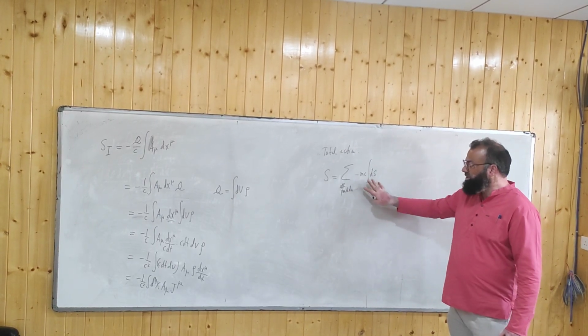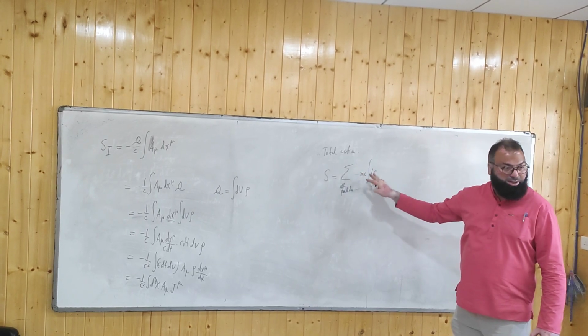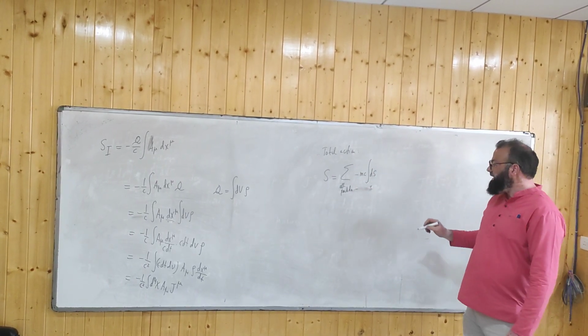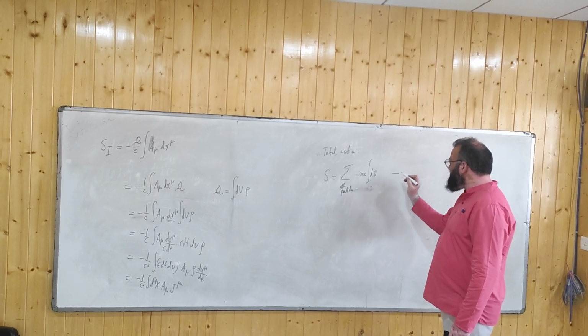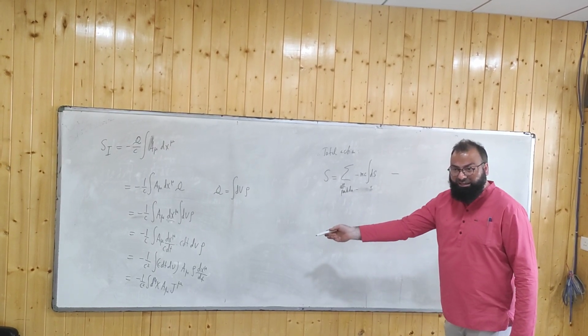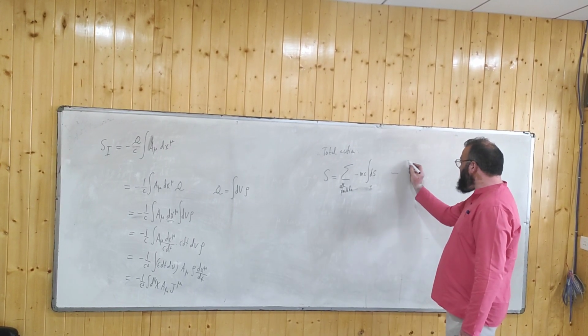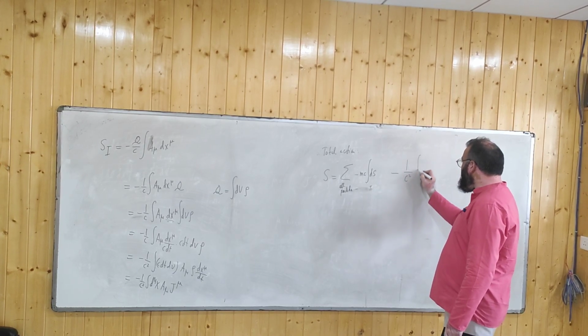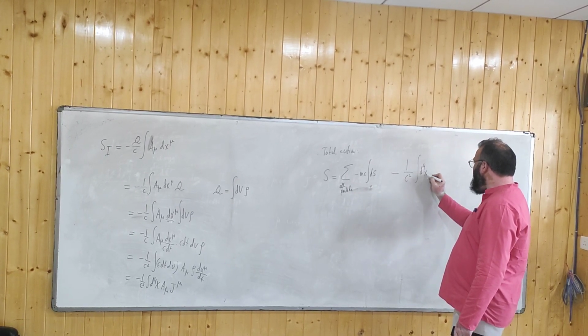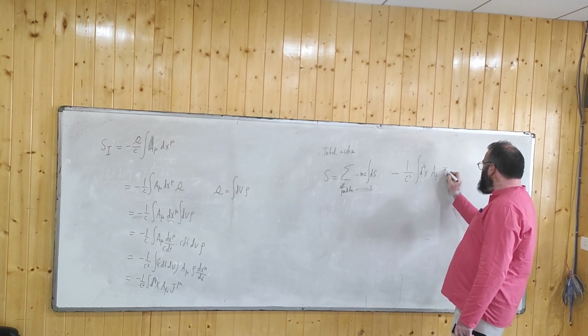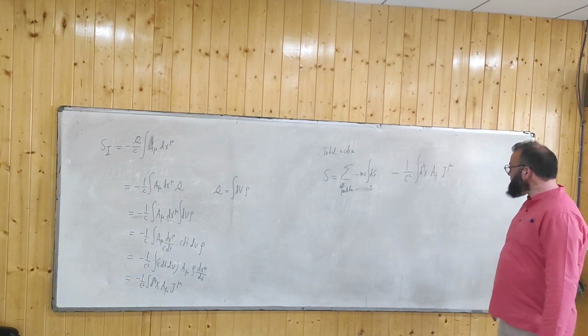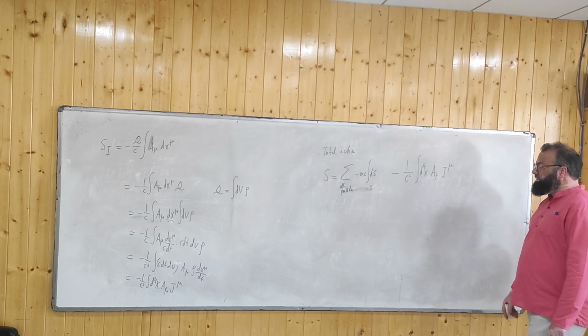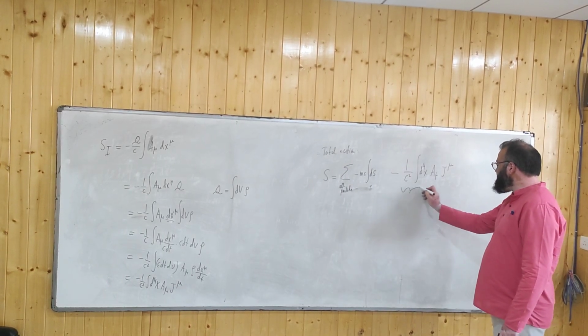This term will form the action of all those particles. Then you have the action corresponding to the interaction between the two. So that is minus 1 by c square, integral d4 of x, A mu j mu. So this is the interaction term.